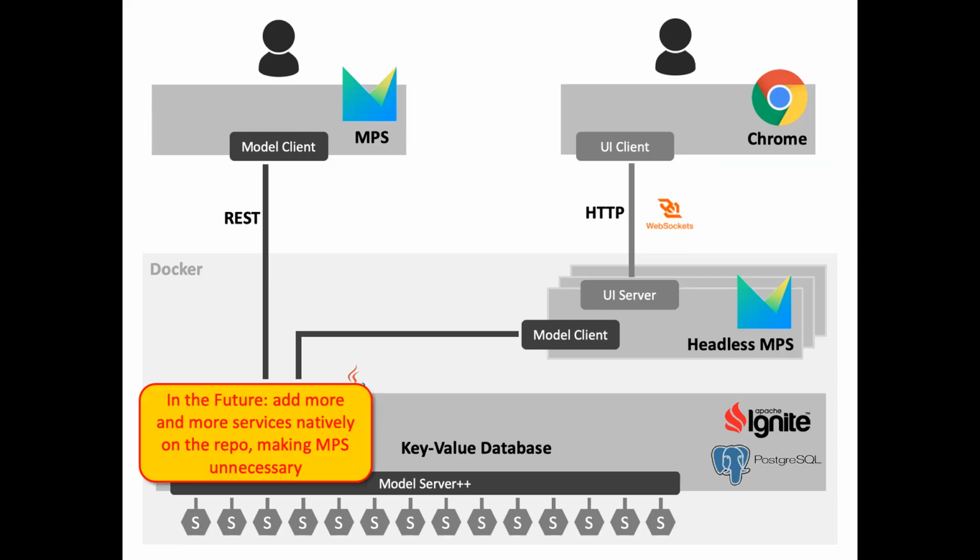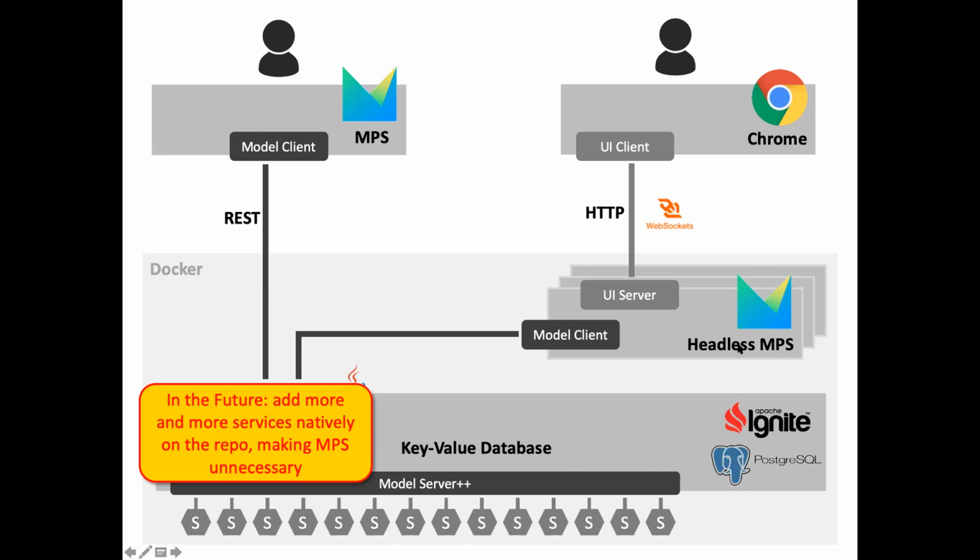Now here is where it becomes interesting. This model server right now is just a dumb database. It doesn't do anything except storing on the level of nodes. But the plan is to get closer to this vision I pointed out before, to add more and more services that work directly on top of this model representation in this database.